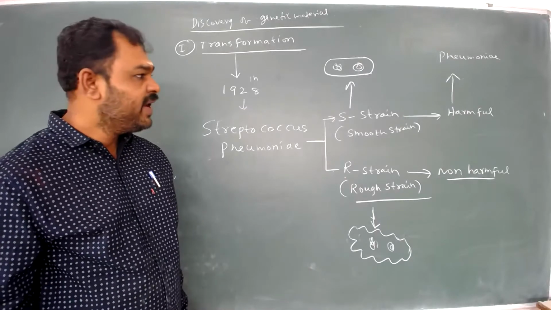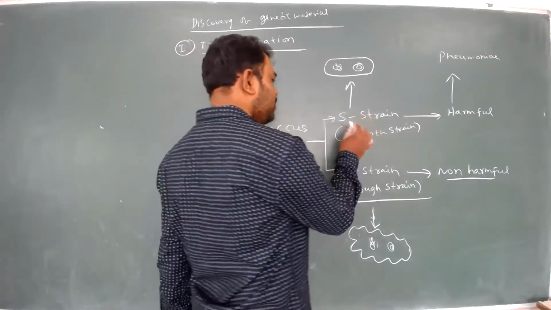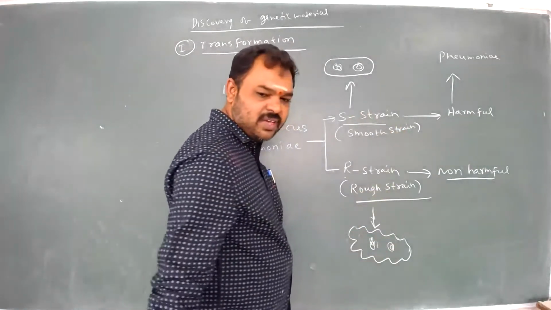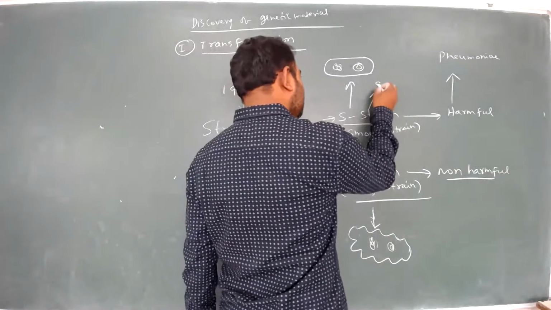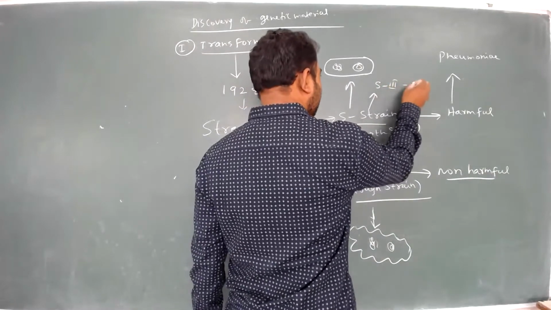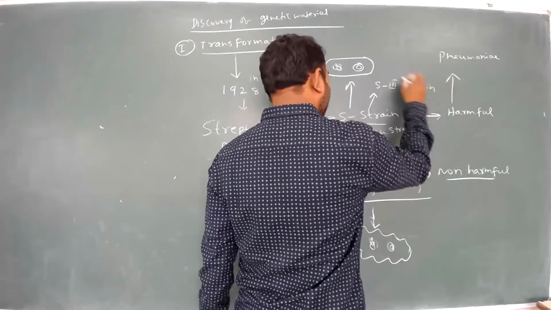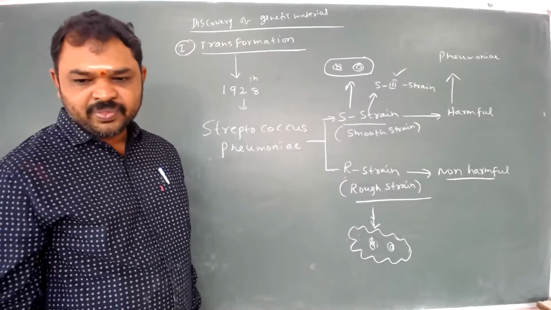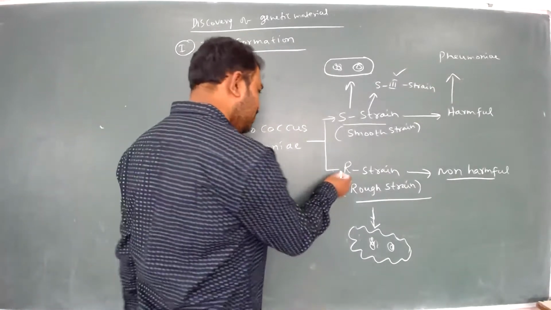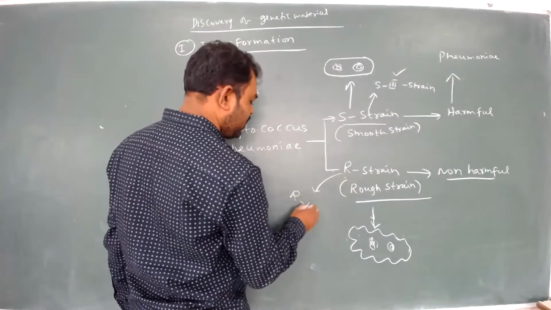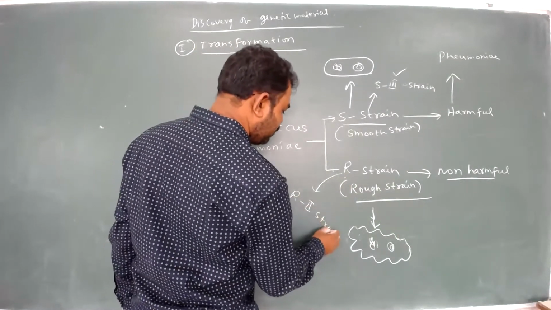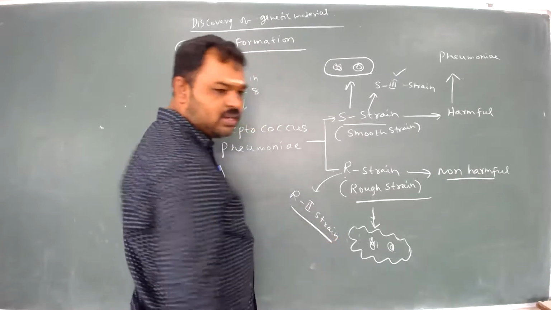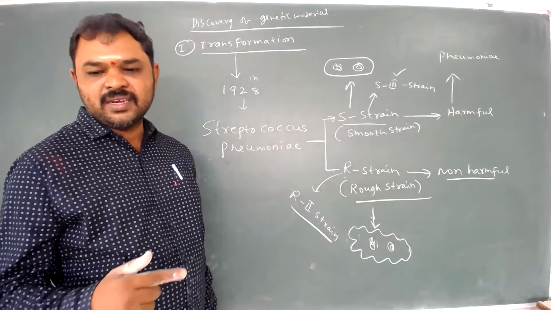In NCERT, only S strain and R strain are mentioned. But from a quantitative point of view, in S strain the S3 strain is used, and in R strain the R2 strain is used.